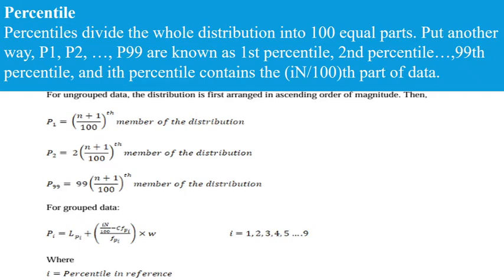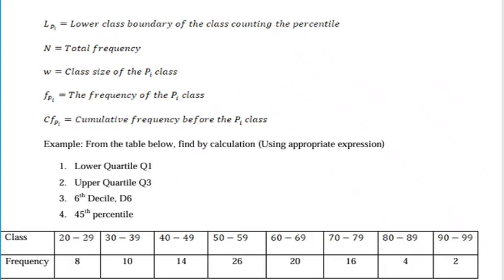Instead of n, for percentile it will be n/100, minus the cumulative frequency before the percentile class, all over the frequency of the percentile class, times the class width. From here, CFPI is the cumulative frequency before the percentile class, FPI is the frequency of the percentile class, W is the class size, N is the total frequency, while LPI is the lower class boundary of the class containing the percentile.